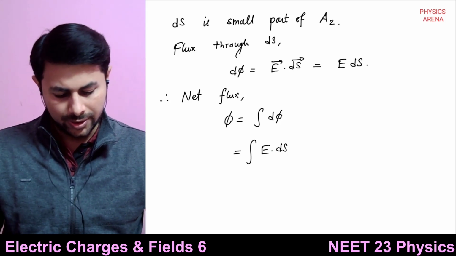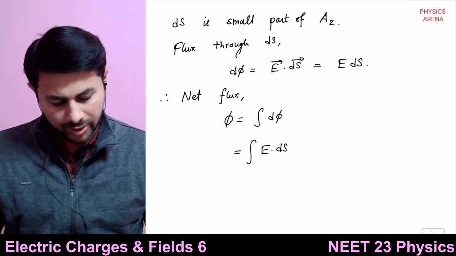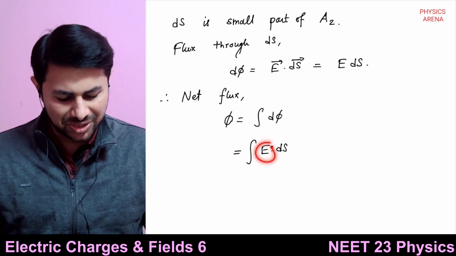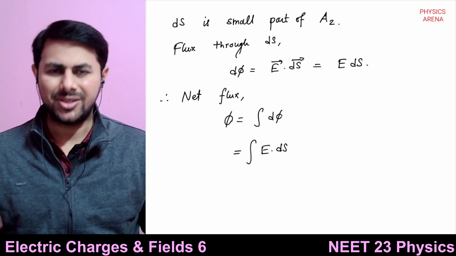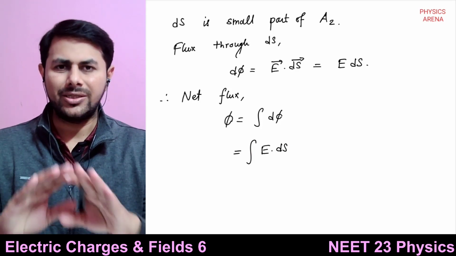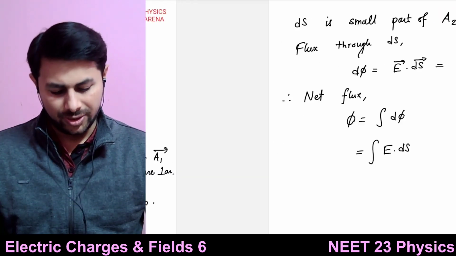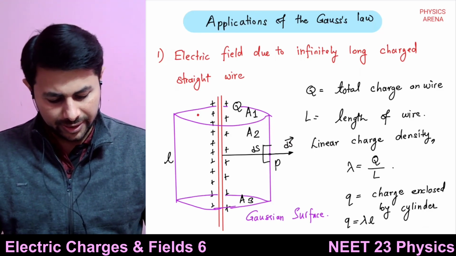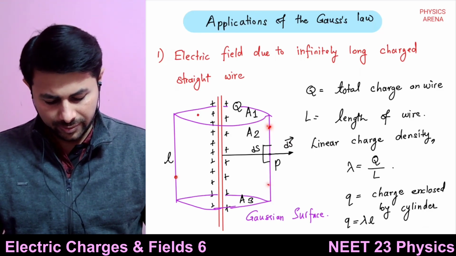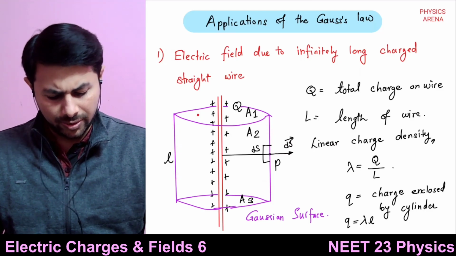Now see which of these two is a variable and which is a constant. Each point of this curved surface is at the same distance from the wire.